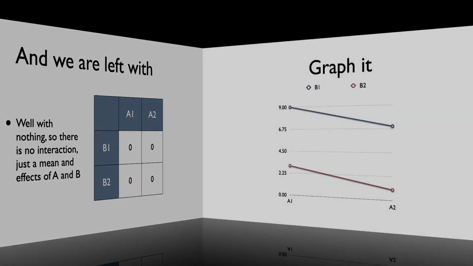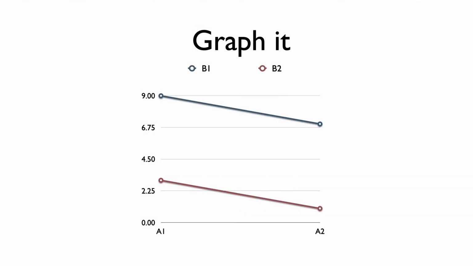You could even draw yourself a graph. Where are the original scores? So it's 9, 7, 3, 1. B1, B2, so it's going to be 10 and 5 and 0. A1, B1, 9 and 7. That's B1.